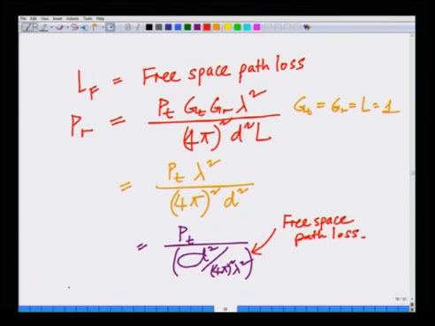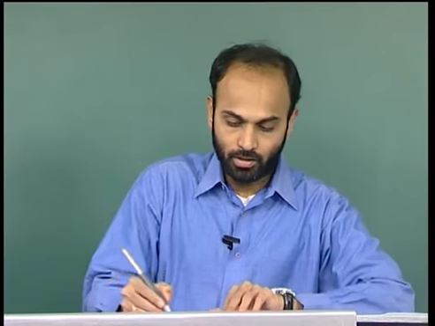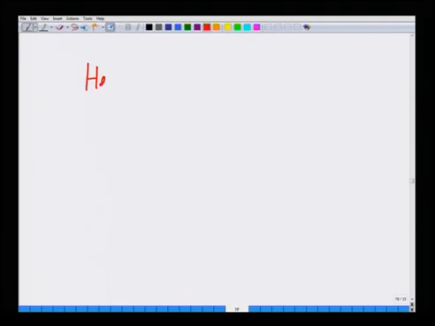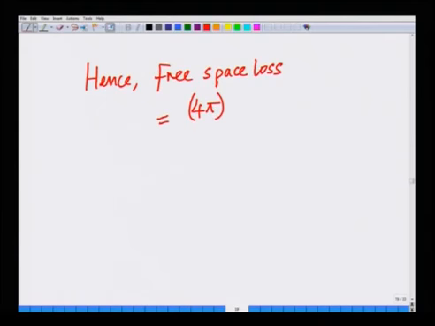This is nothing but the free space path loss. Hence, the free space loss is equal to 4 pi square d square divided by lambda square.